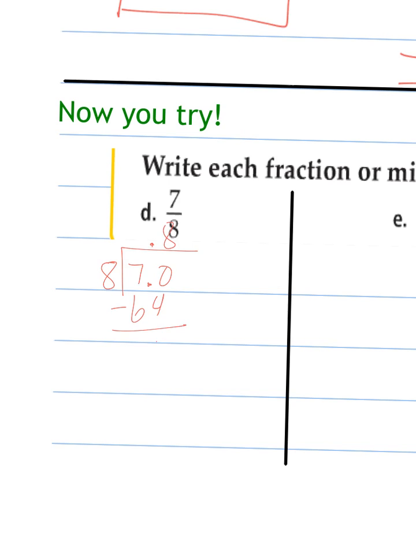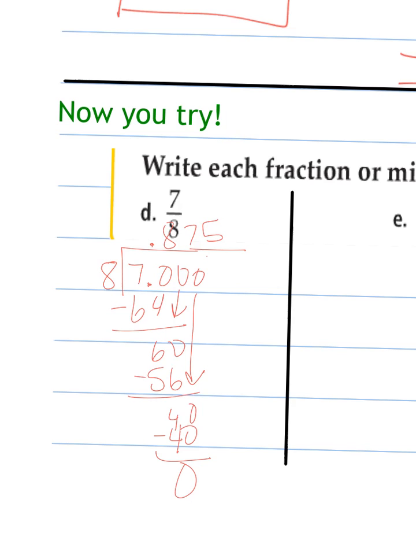Do my subtraction, which is 6. Add a 0. 8 goes in there 7 times, which is 56. Do my subtraction, which is 4. Add another 0. 8 goes into 40 5 times. Remainder of 0. So 7/8 can be written as 875 thousandths.